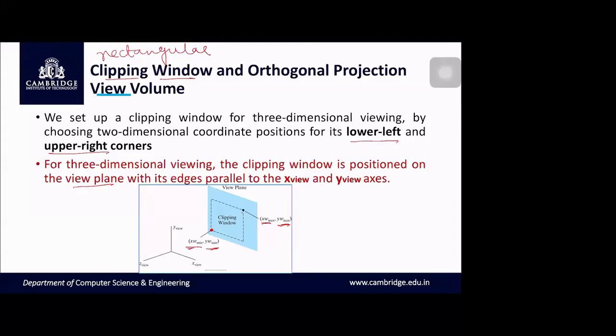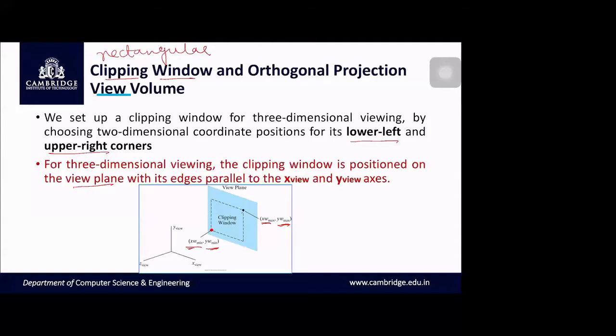But here in three dimensions, we prefer the clipping be done in the later stages. You have seen our viewing pipeline: model coordinates, world coordinates, viewing coordinates, normalized coordinates, viewport coordinates, and then the screen coordinates. So clipping is preferably done at the last stage.